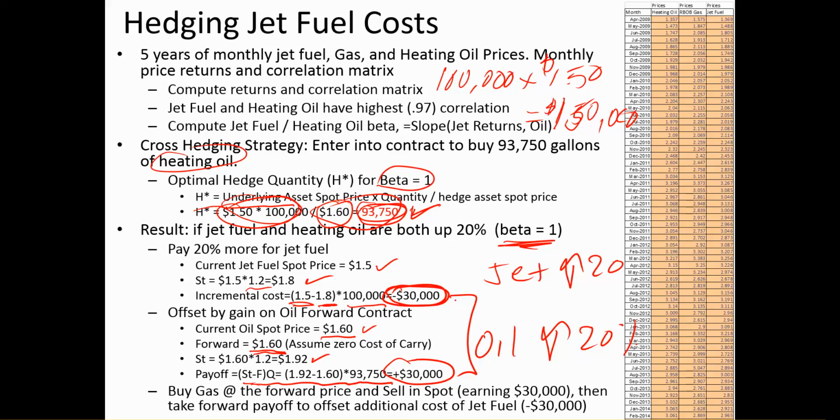If they do move 1 for 1, an increase in jet fuel prices will cause them to spend more for jet fuel. But that's offset from the profit they made in the heating oil contract. So in effect, they knew they had exposure to jet fuel, so they took a bet that paid them if both jet fuel and heating oil prices went up.